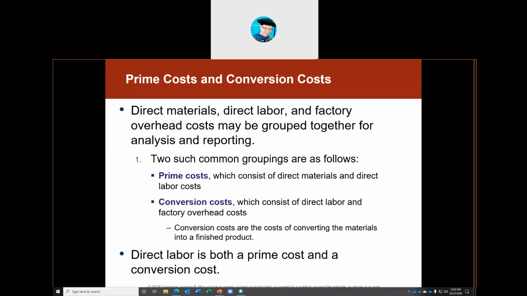Then we convert it again from work in process to finished goods. That's conversion. We'll talk more about that later on, but I just want you to understand the difference between prime cost and conversion cost. The conversion cost primarily deals with converting the materials into a finished product. And through this, we use direct labor and factory overhead.